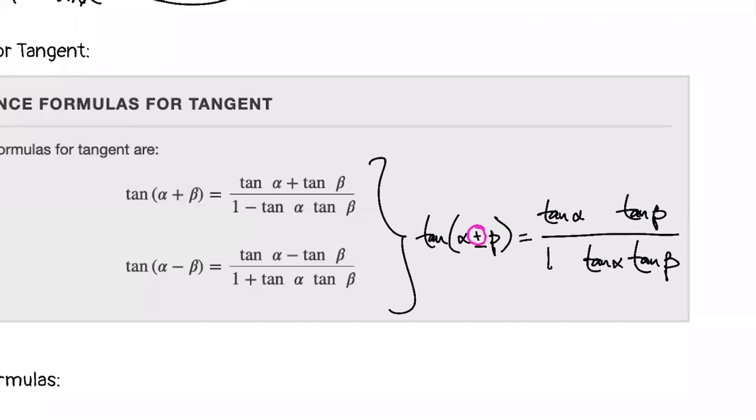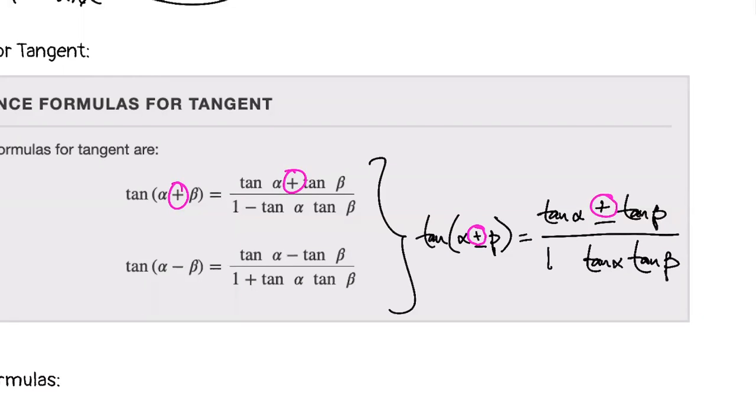Now, let's go through the plus version first, okay? So when I get to between the tangent alpha and the tangent beta on the top, should I write plus minus or minus plus? Plus minus, good, because the plus one has a plus. So we want to have plus on the top. Okay.